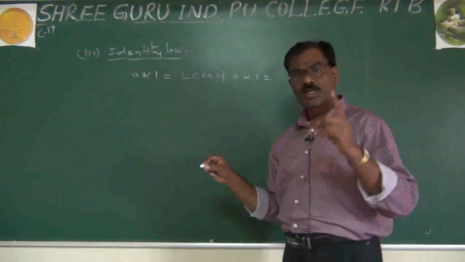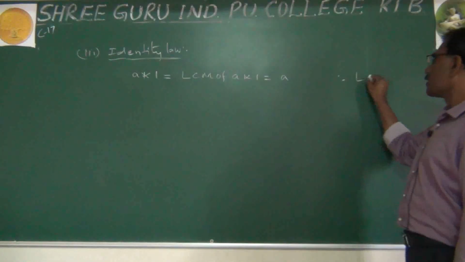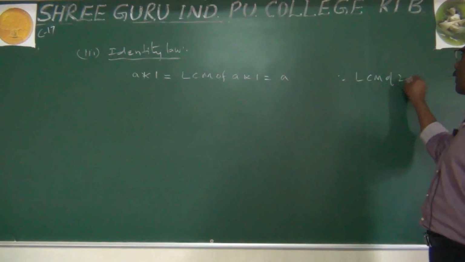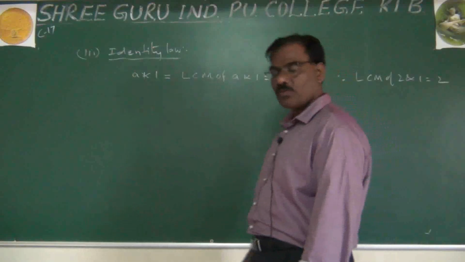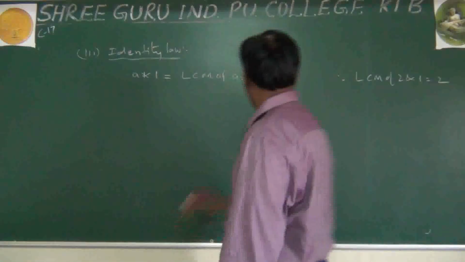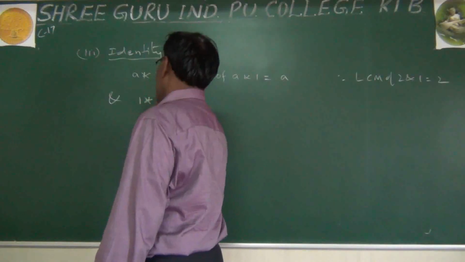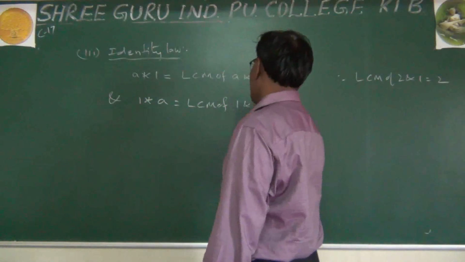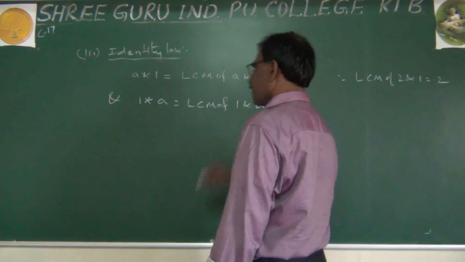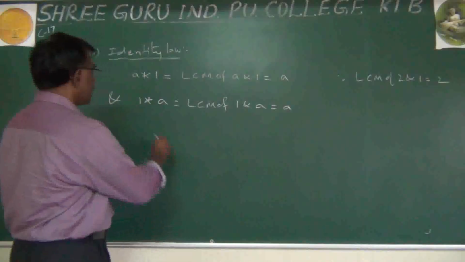LCM of A and 1 is the answer A only, because the LCM of 2 and 1 is 2 only. And 1 star A equals the LCM of 1 and A, which is A. Even its reverse is the same.